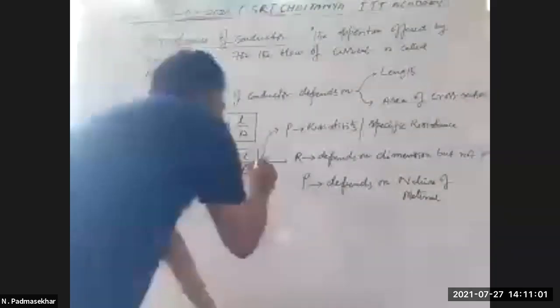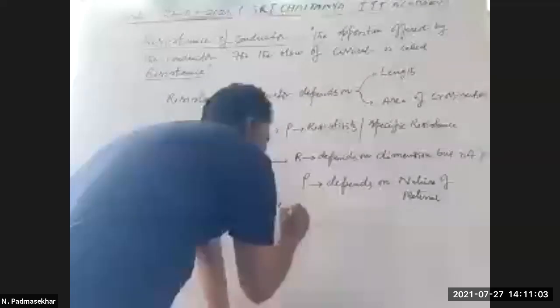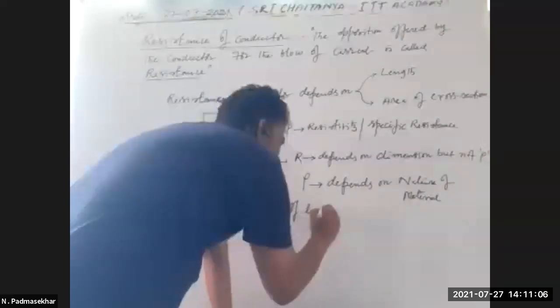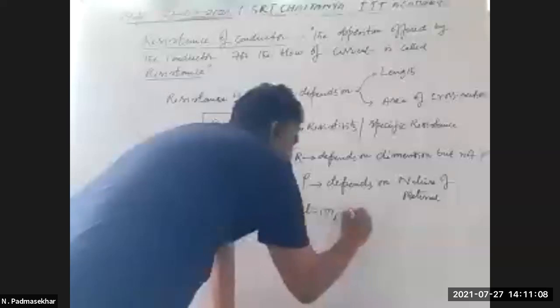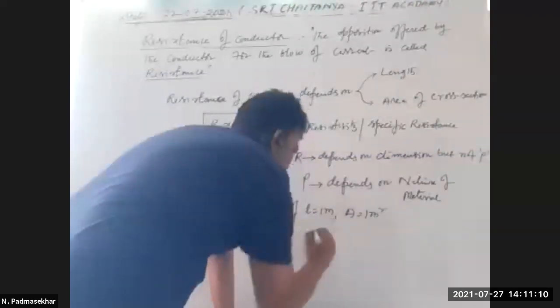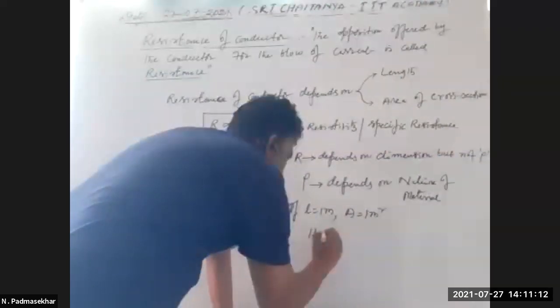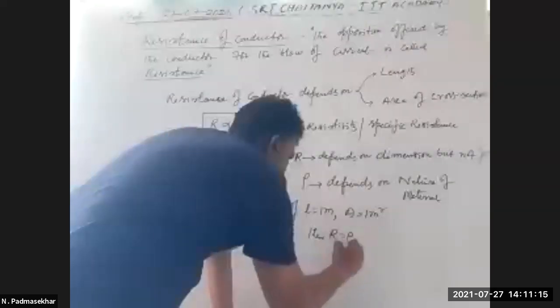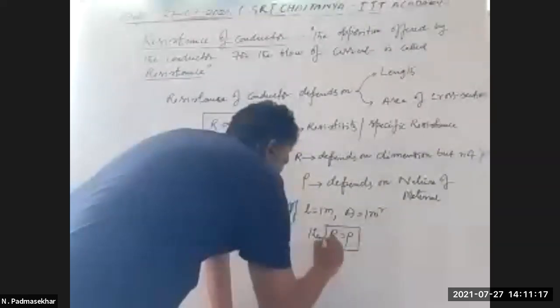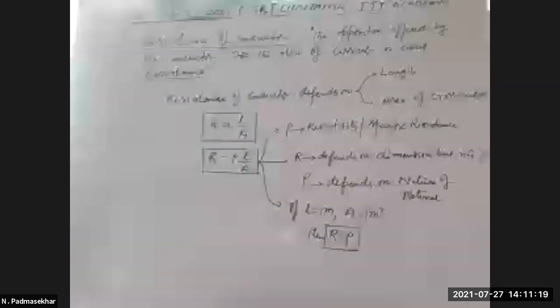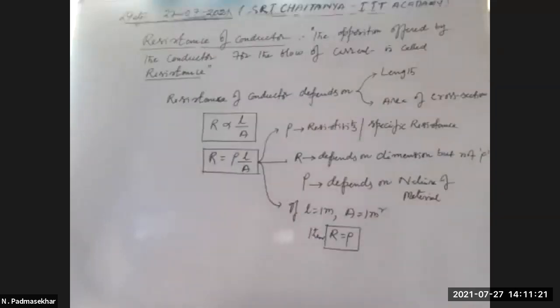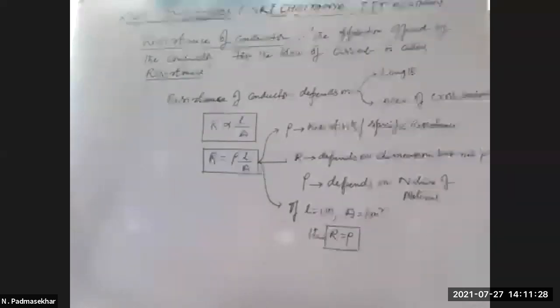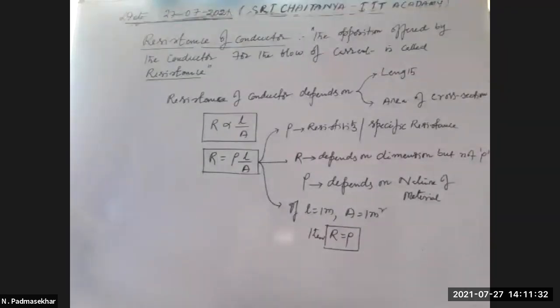Suppose L is equal to 1 meter, A is equal to 1 meter square, then R is equal to rho. The resistance is equal to resistivity. So this is what is meant by resistivity.